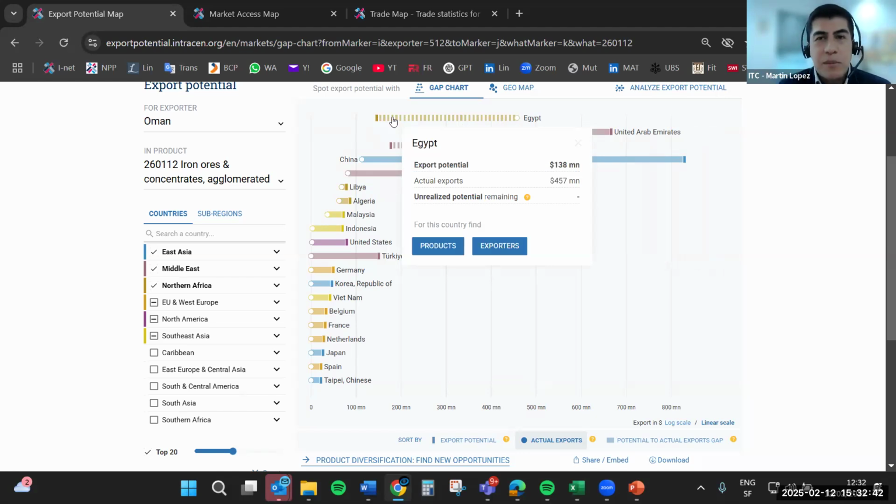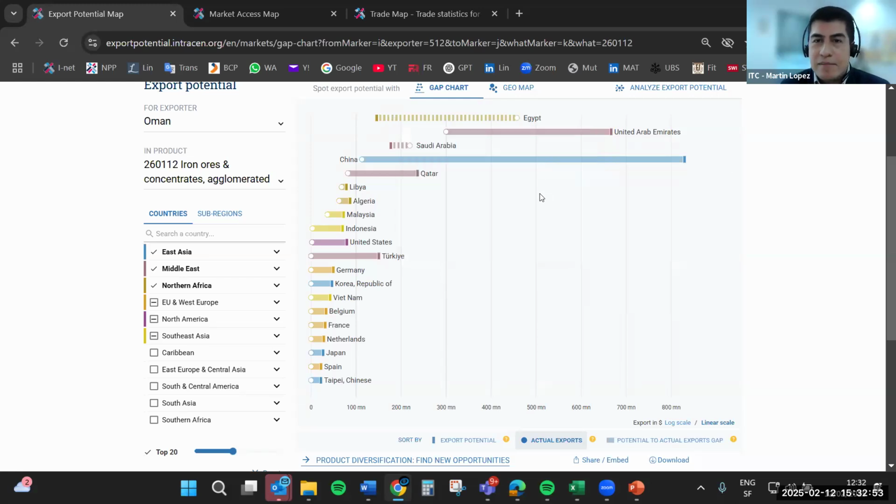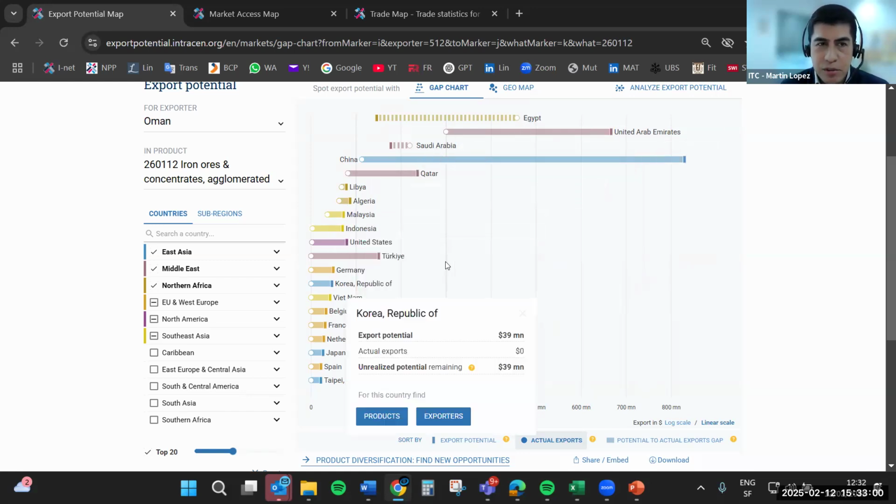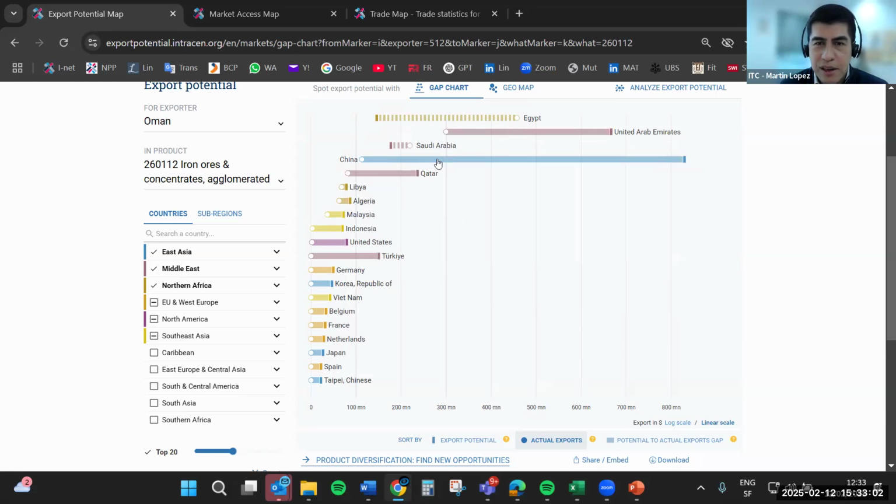Well, it would be good to recommend to this company to put the eggs in different baskets, to diversify markets, diversify risks, and probably seize other markets and benefit from other market opportunities as the ones we see in the screen. Remember that these countries in the screen are intensively importing iron ores and concentrates, probably from Oman and for sure from different other countries.